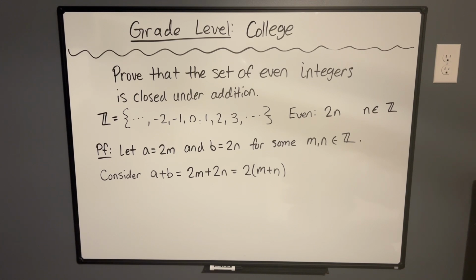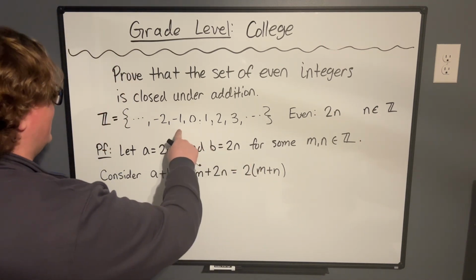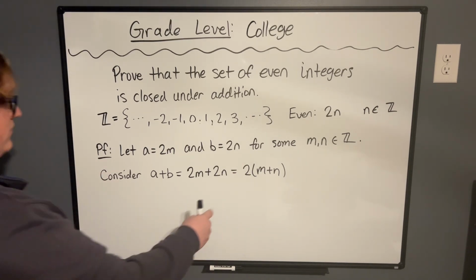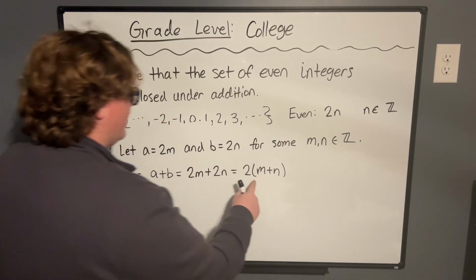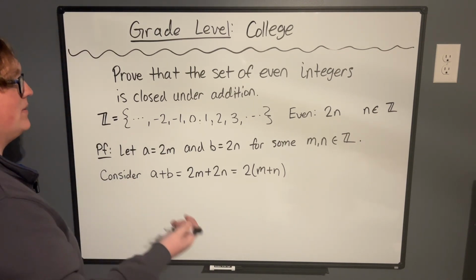I'm never going to become a rational number that isn't an integer by adding 2 integers. So no matter what I add in this set, as long as they're both in the set, it's going to stay in the set. And then also notice that we have 2 times an integer, and 2 times an integer means it has to be even.